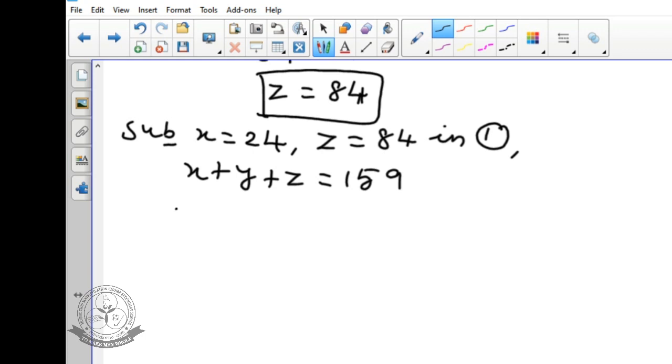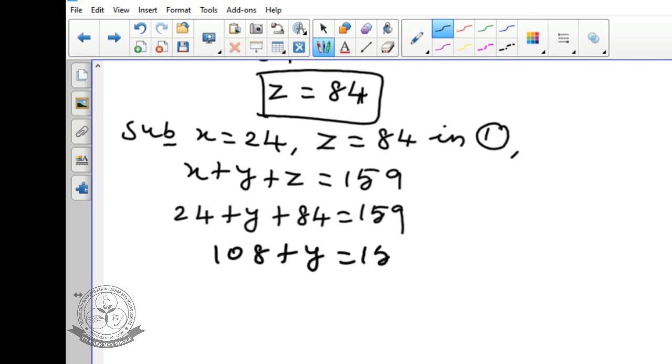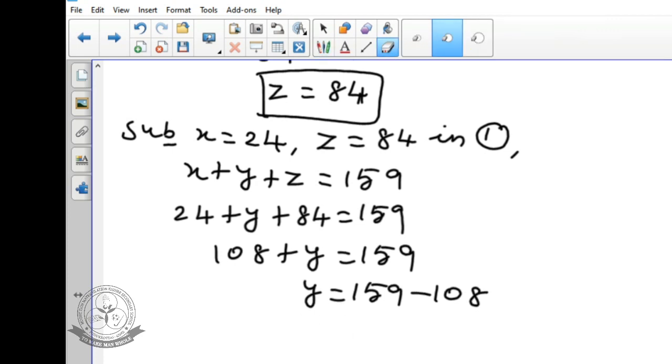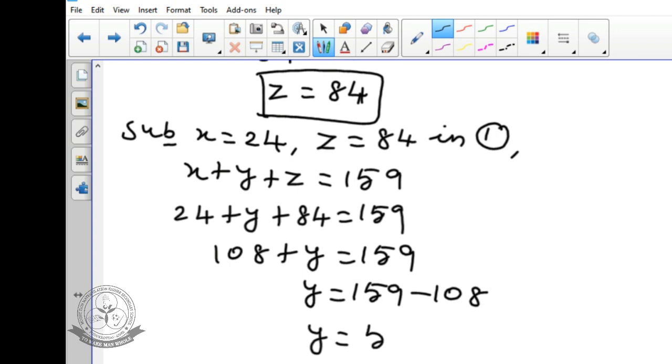Here you substitute 24 plus y plus 84 equal to 159. We can add: 24 plus 84 is 108, plus y equal to 159. So y equal to 159, and 108 you bring to this side, meaning minus 108. So y equal to 51.